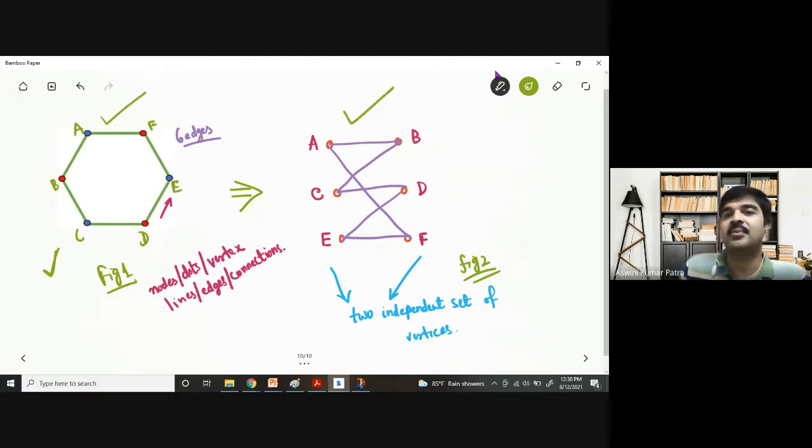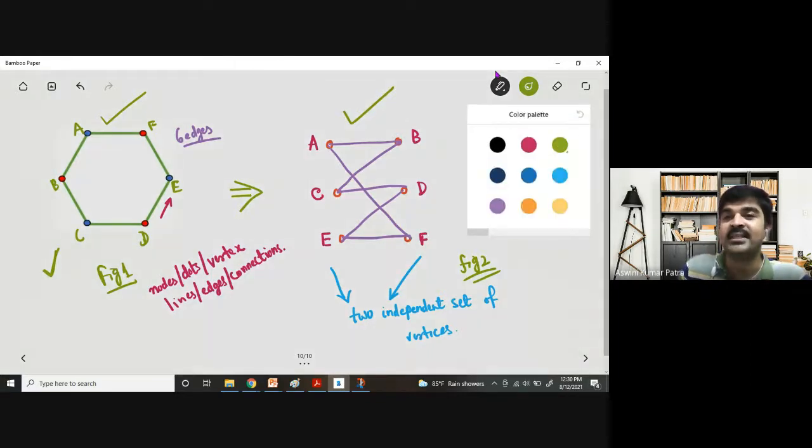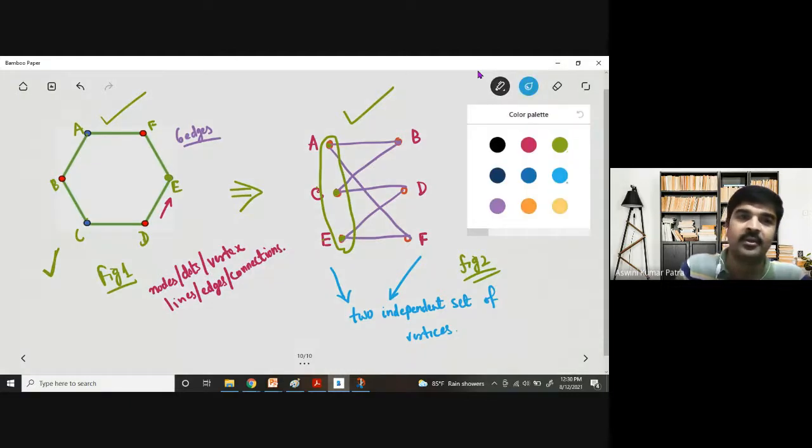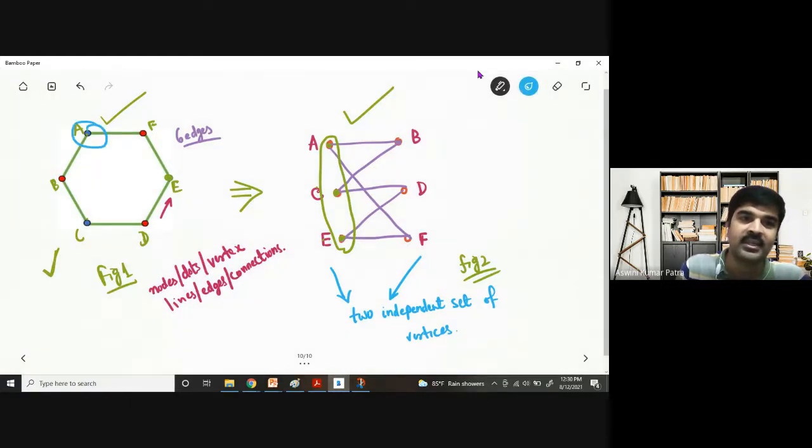What makes it special is there is no connection between A, C, and E. That's why it's called an independent set. Could you see? A, C, and E are not connected. Look at this node and this node. They have no connections. That's the beauty of a bipartite graph.